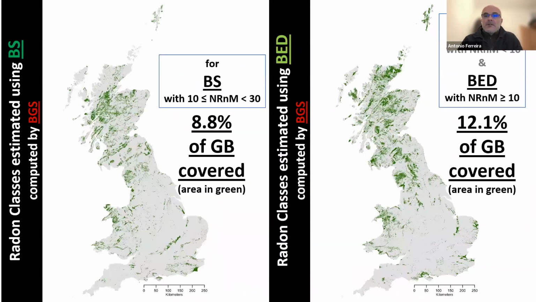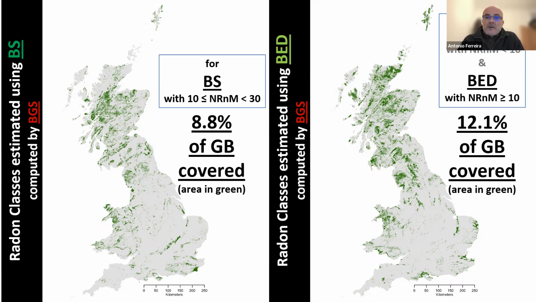Now I'll show you the data computed by the BGS in 4 frames. The BS geologies with less than 30 measurements were processed by the BGS in 4 steps according to the number of measurements in successively less detailed simplified geologies.